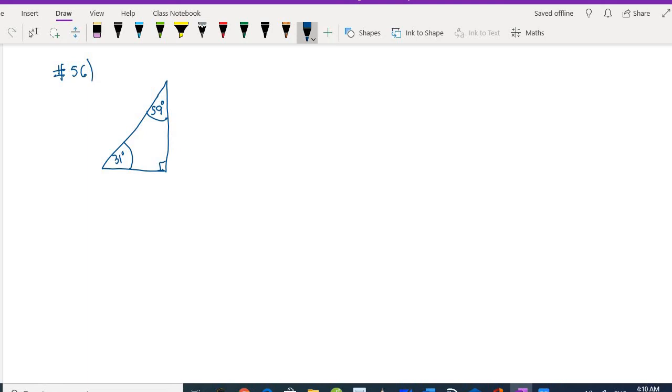We are given the length of this side as 7 centimeters. And we have a corresponding triangle which is similar to the one that we have there. So this triangle is MON, and this triangle is ABC.